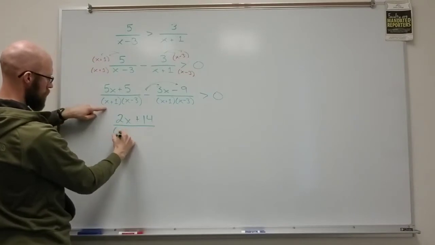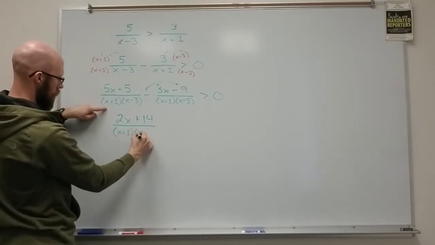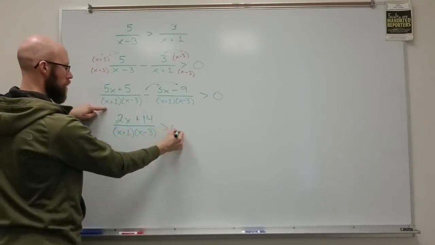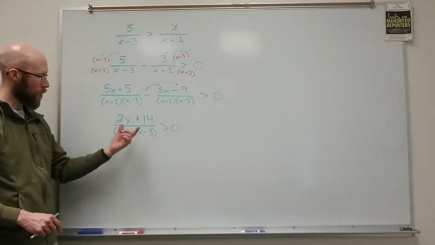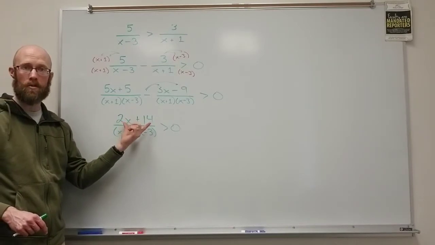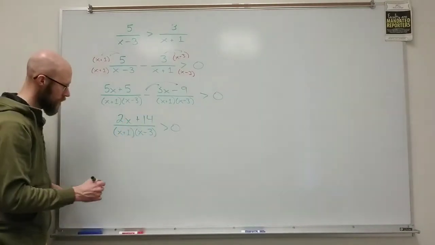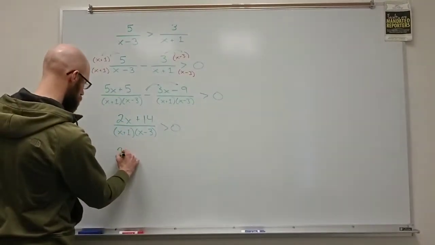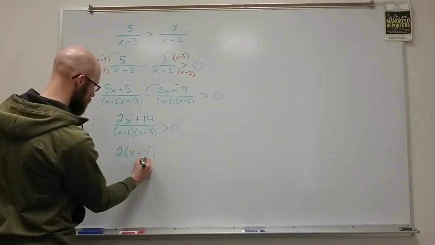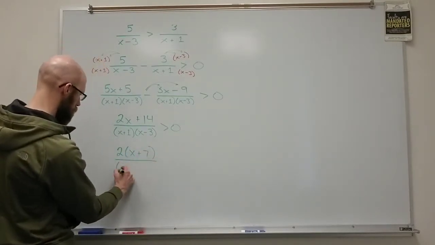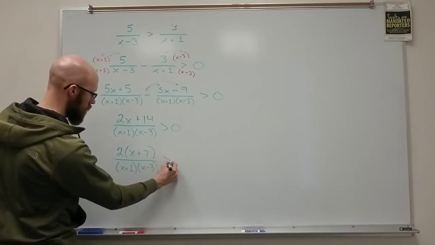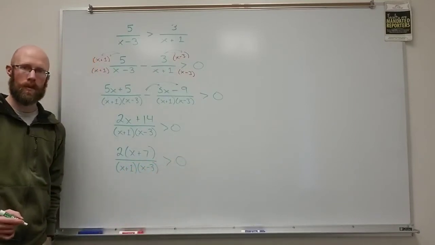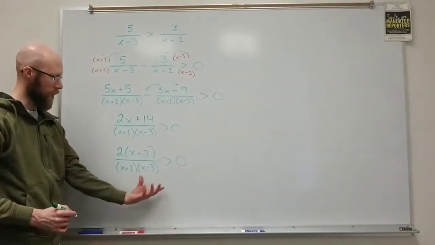And then on the bottom, I still have x plus 1 and x minus 3 greater than 0. Now in the numerator, I have a common factor of 2. I can factor that also. So let's do 2 times x plus 7 all over x plus 1 times x minus 3, and we'll make that greater than 0. Okay, so there's my new rational inequality.